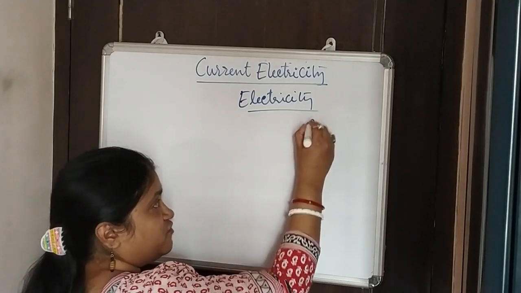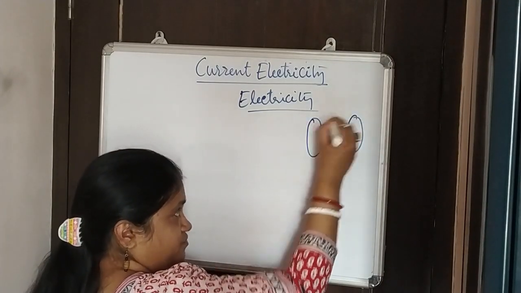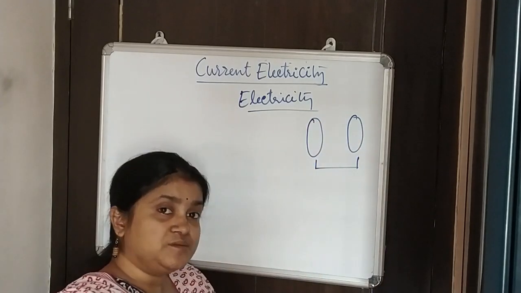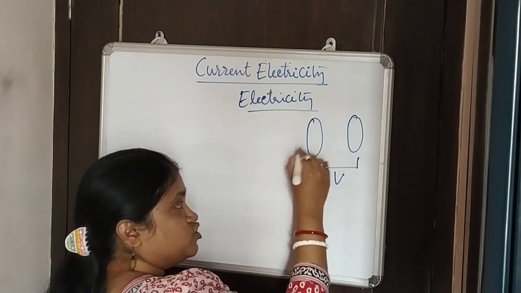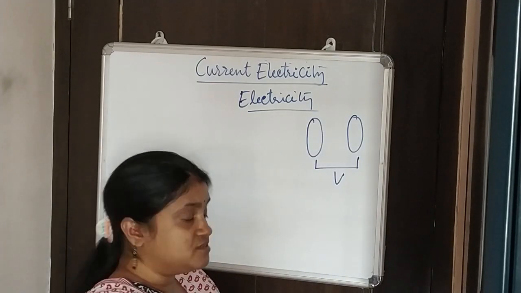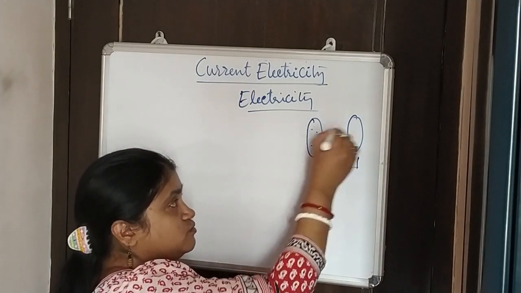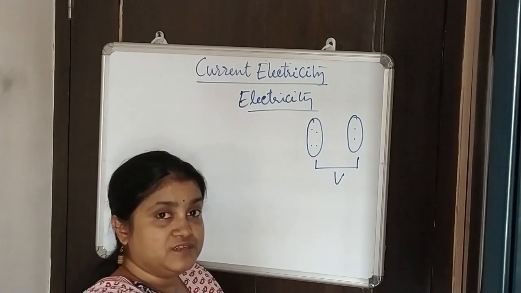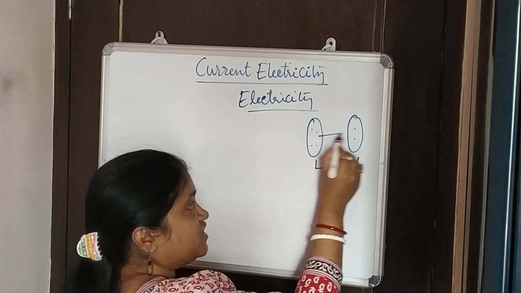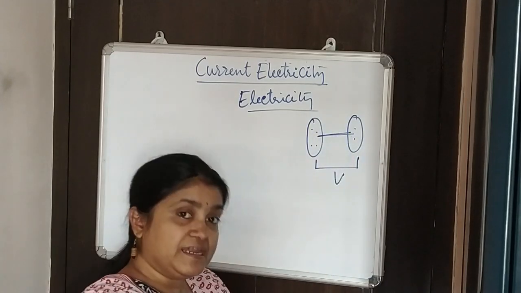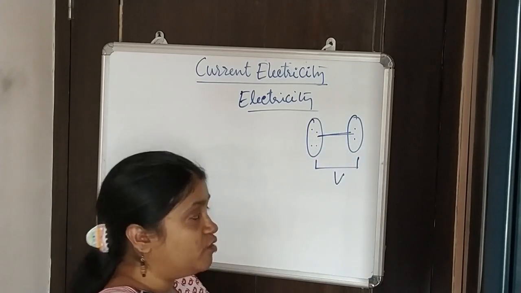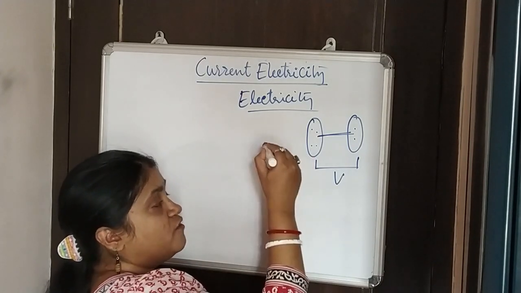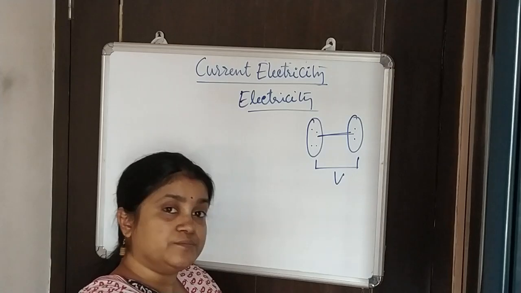So let's suppose we have two conductors kept at a certain constant potential difference V. These two conductors are charged and have a potential difference V. If these two conductors are connected by any conducting wire or material, then there is a charge flow from the higher potential to the lower potential.